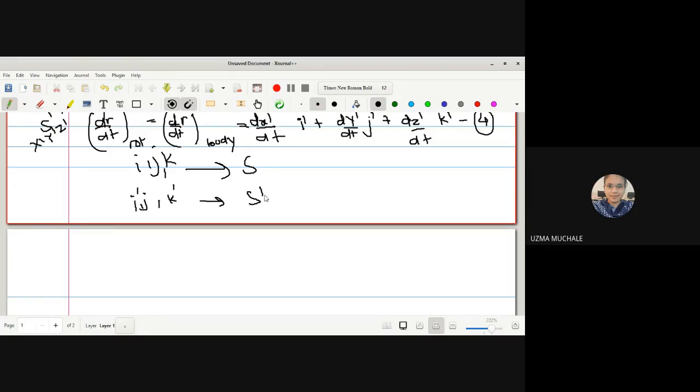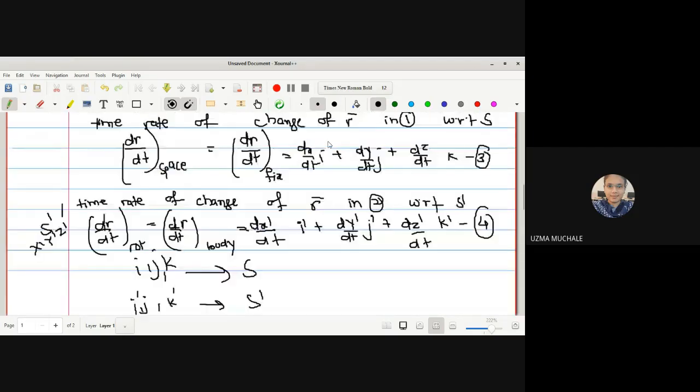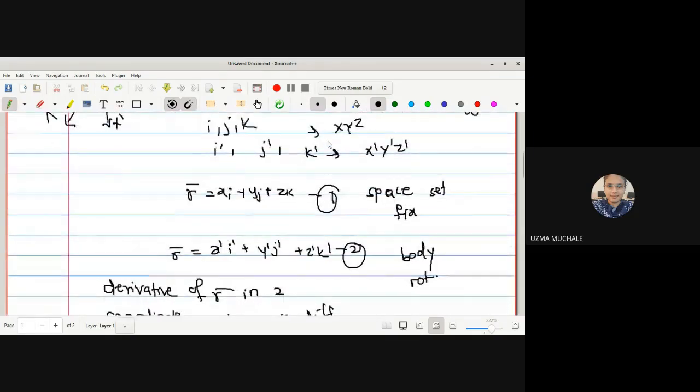However, the time rate of change of vector r bar given in equation 2 with respect to S is given by the following. Just now I told you that if you differentiate equation 1 in the space set of axes itself, it is okay; at that time i, j, k are the unit vectors.